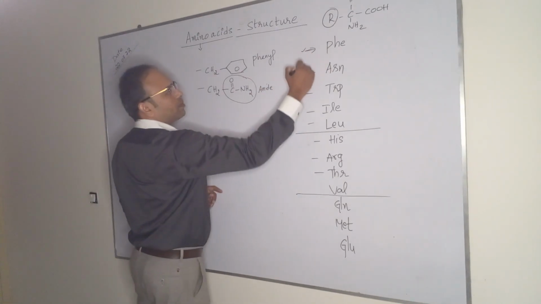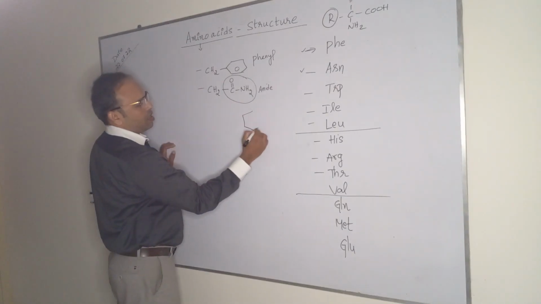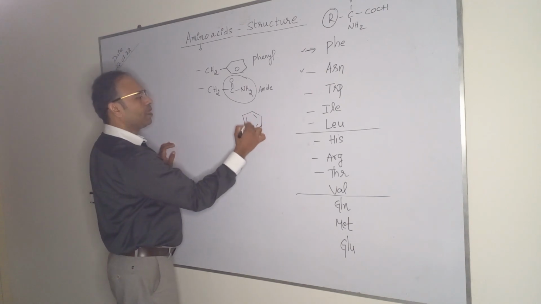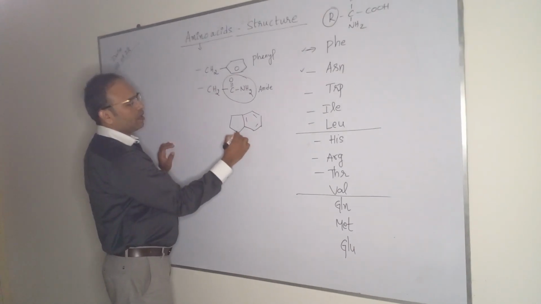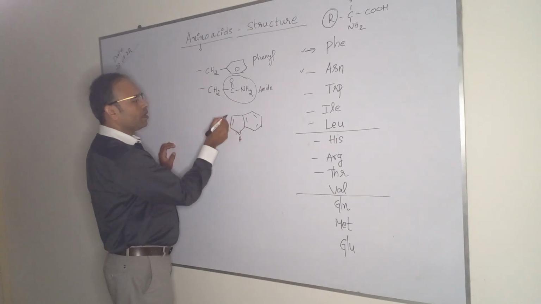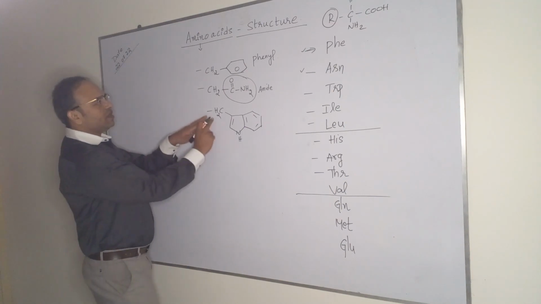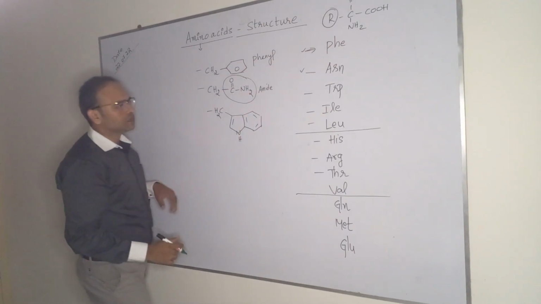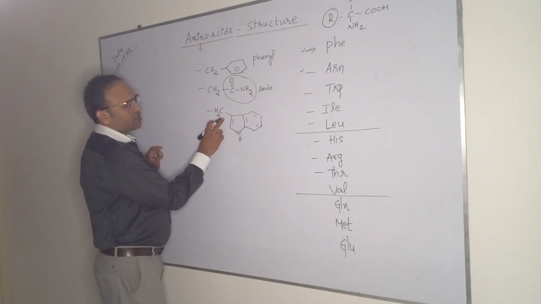So, first 2 are completed. Next, for tryptophan, 6-membered ring you write, then connect one 5-membered ring, NH, and here you put CH2 group. So CH2 will be connecting here. Hope you have understood. 6-membered ring, then 5, then put CH2 and NH.